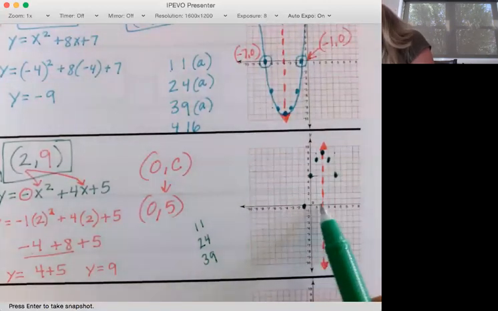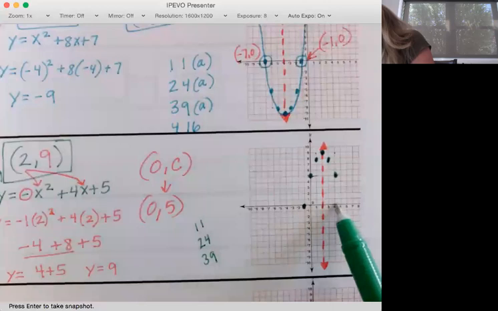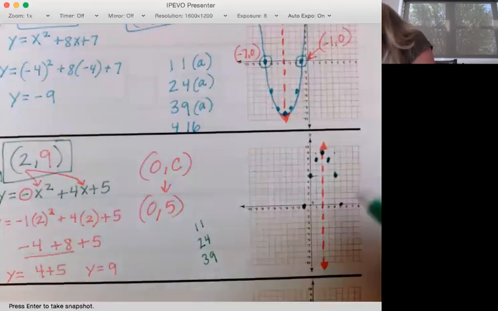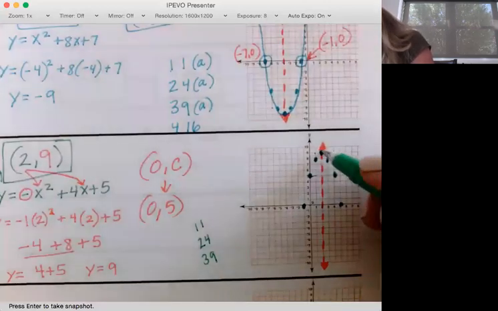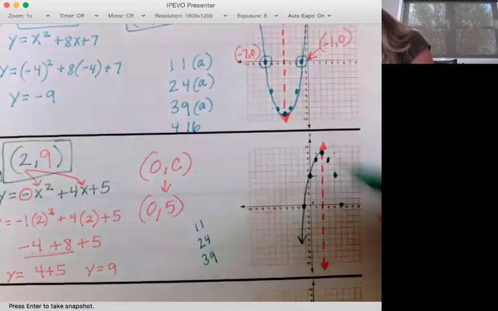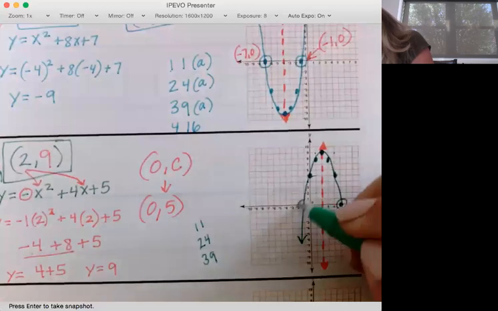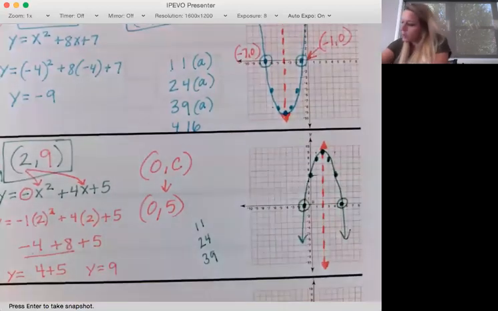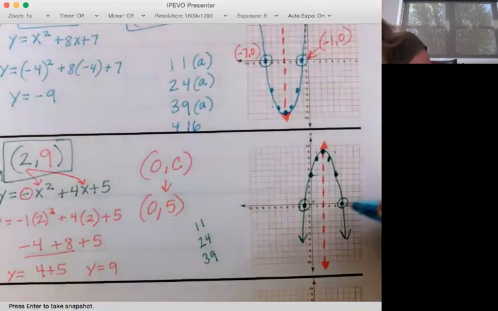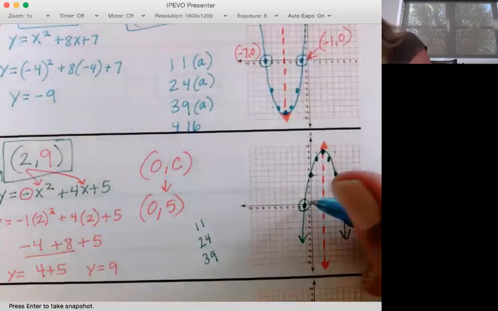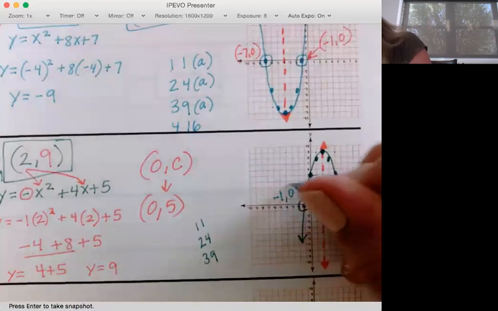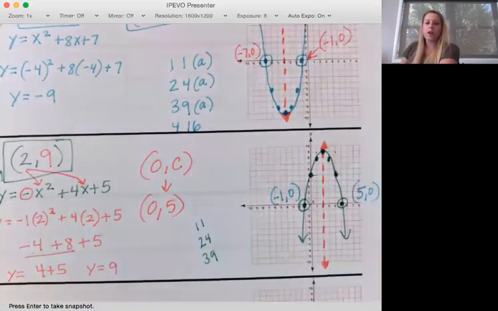So 1, 2, 3 here, 1, 2, 3 on this one. Okay, so those 2 points I'm getting are (5, 0) and (-1, 0). Those are my 2 x-intercepts.